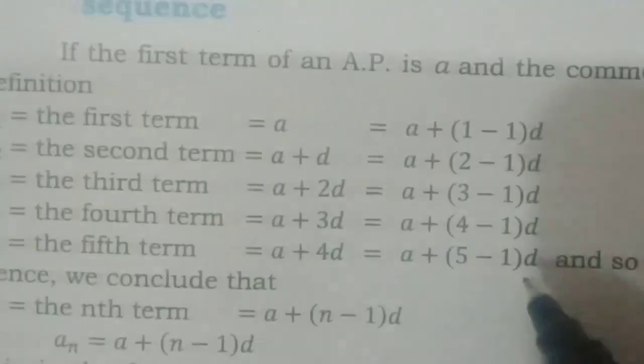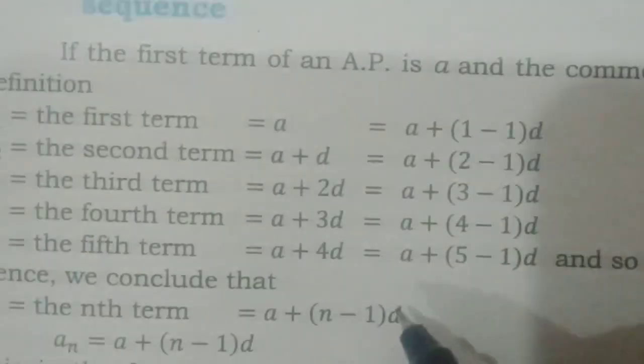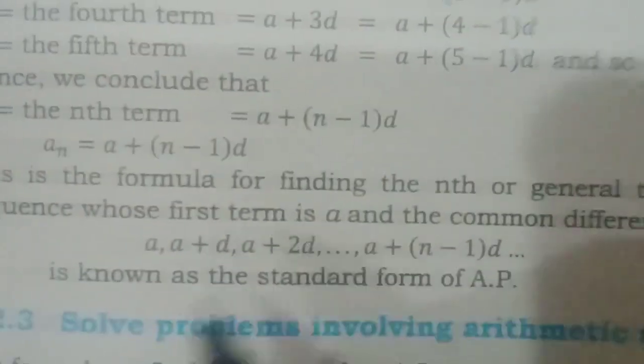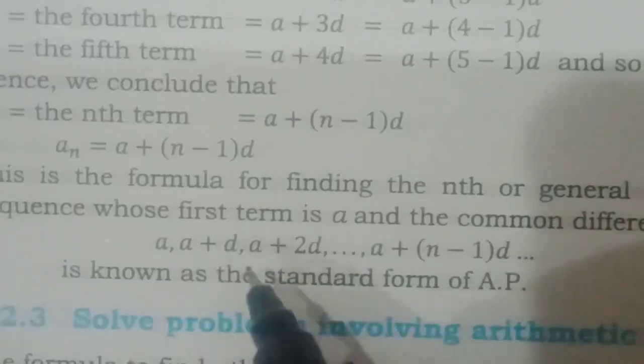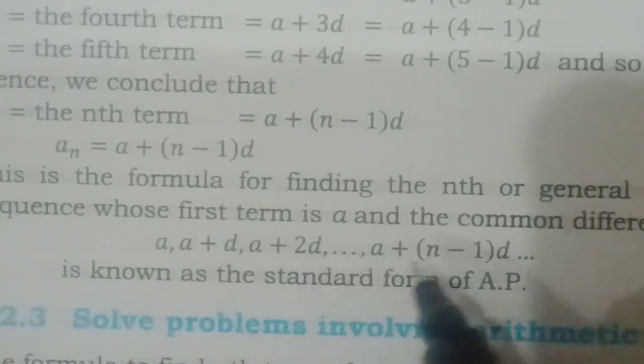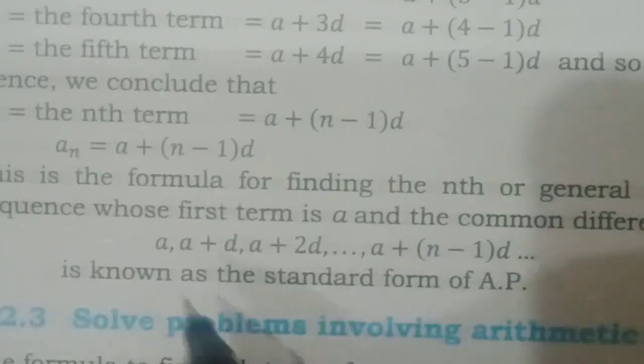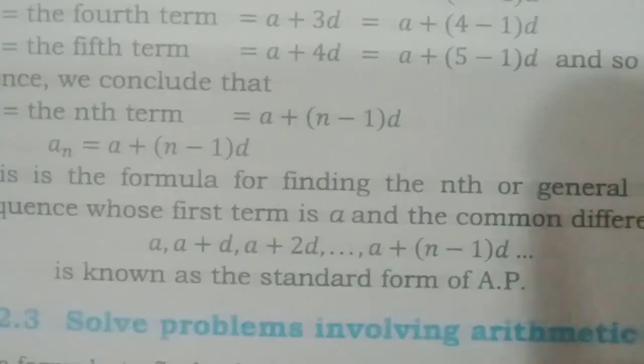The first term is the fixed term. So the general term, the nth term of the AP, is an equal to a plus (n minus 1)d, and our arithmetic progression will be a, a plus d, a plus 2d and so on, and the nth term a plus (n minus 1)d is known as the standard form of AP.